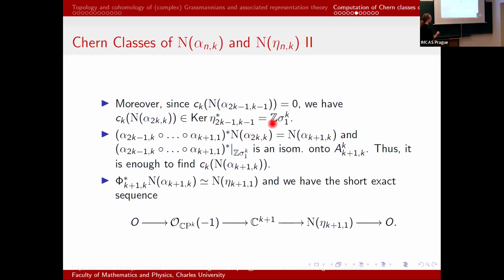And from the previous lemma, we know that the kernel of this cohomology map is just the free subgroup generated by the column partition of length k. So then we take this map, which is just a projection onto the 2k cohomology of Gr(k+1,k). And if we pull back alpha_{2k,k}, we get the normal bundle alpha_{2k+1,k}. So now we are over the Grassmannian Gr(k+1,k).